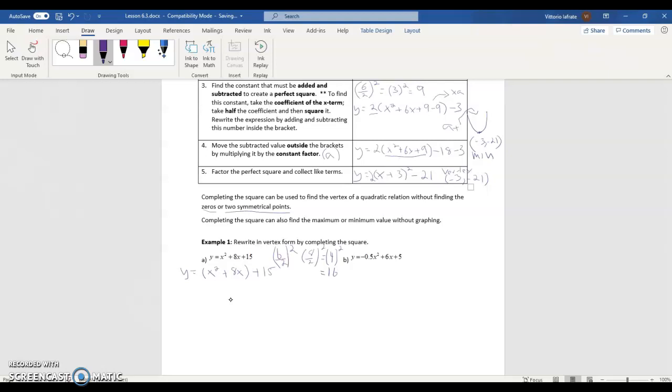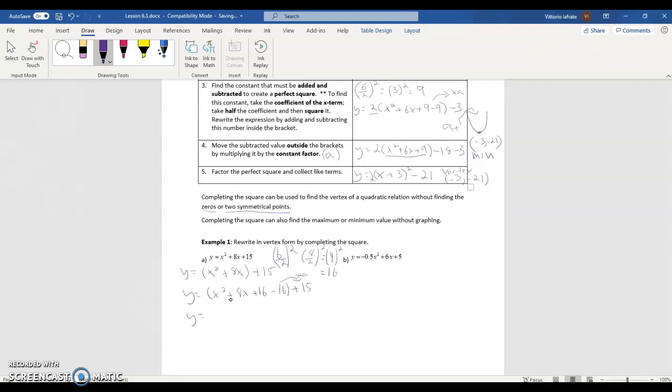So this is the term that we're adding and subtracting within the bracket there. So y is equal to x squared plus 8x plus 16 minus 16, and plus 15 over here. Now we have to take this out of the bracket and multiply it by the a, which in this case is just 1.